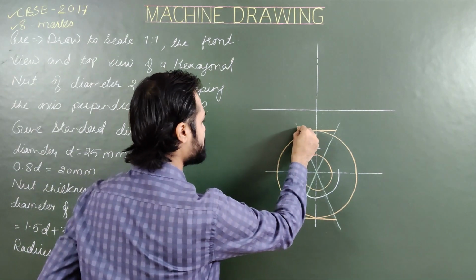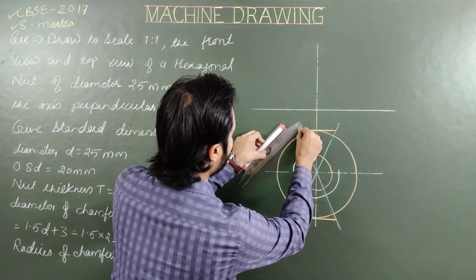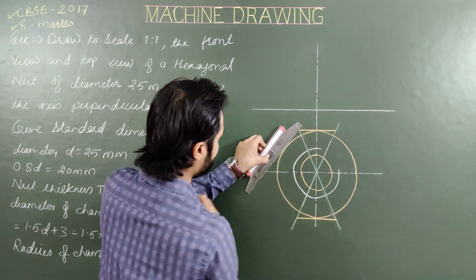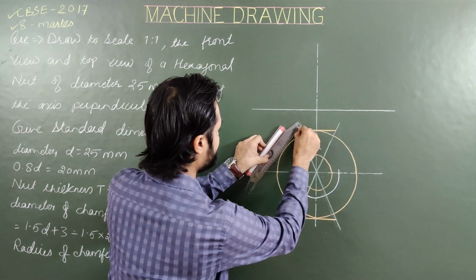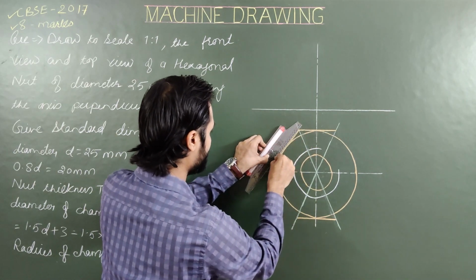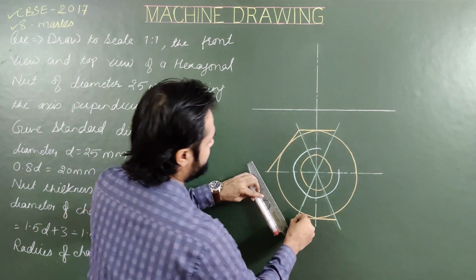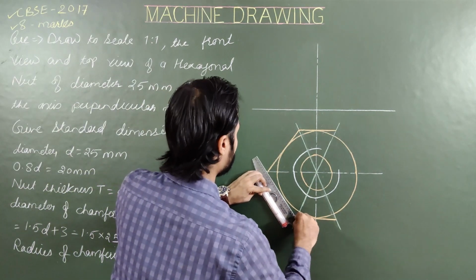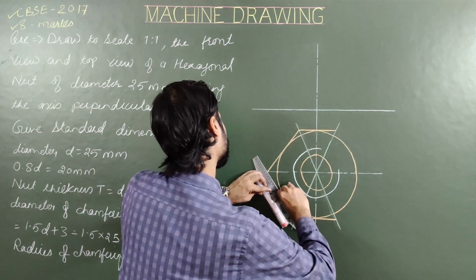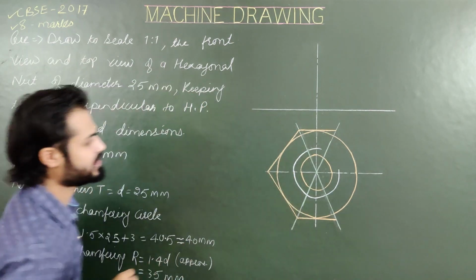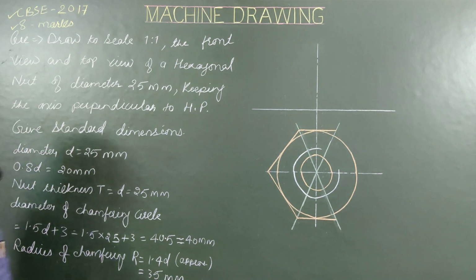Next, from this point, draw the second side of the hexagon like this, touching the chamfering circle tangentially. Again, from this point, draw a line touching the chamfering circle tangentially. Repeat this process.